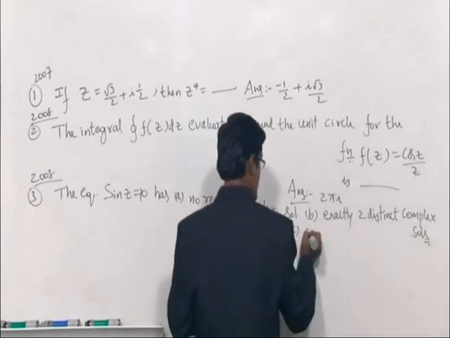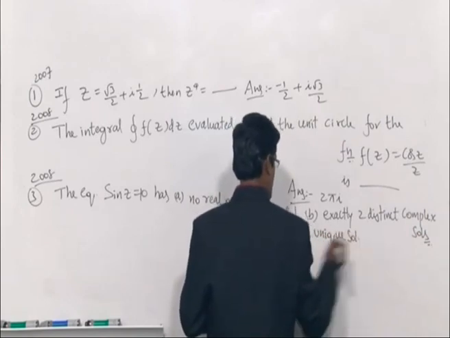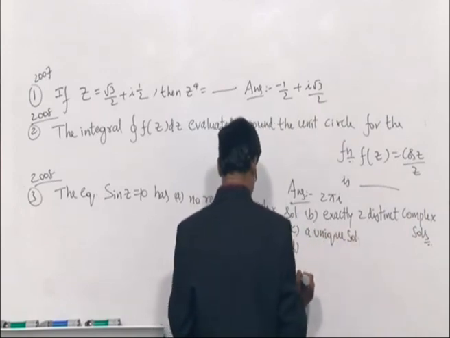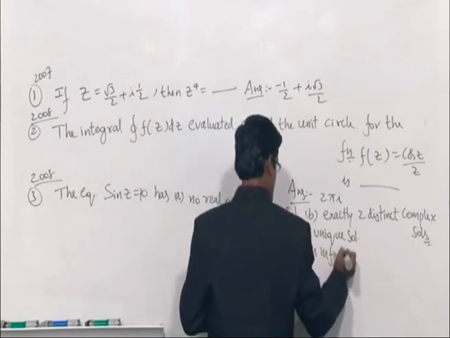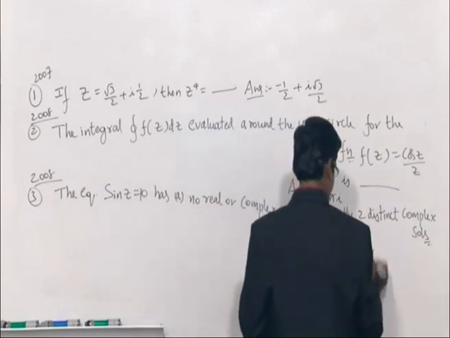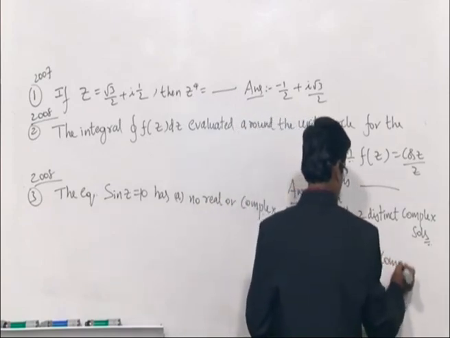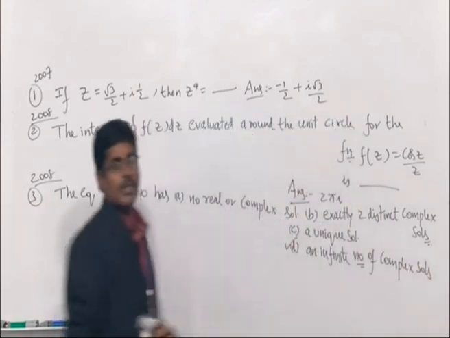Option C, a unique solution. Option D, an infinite number of complex solutions. Answer is option D.